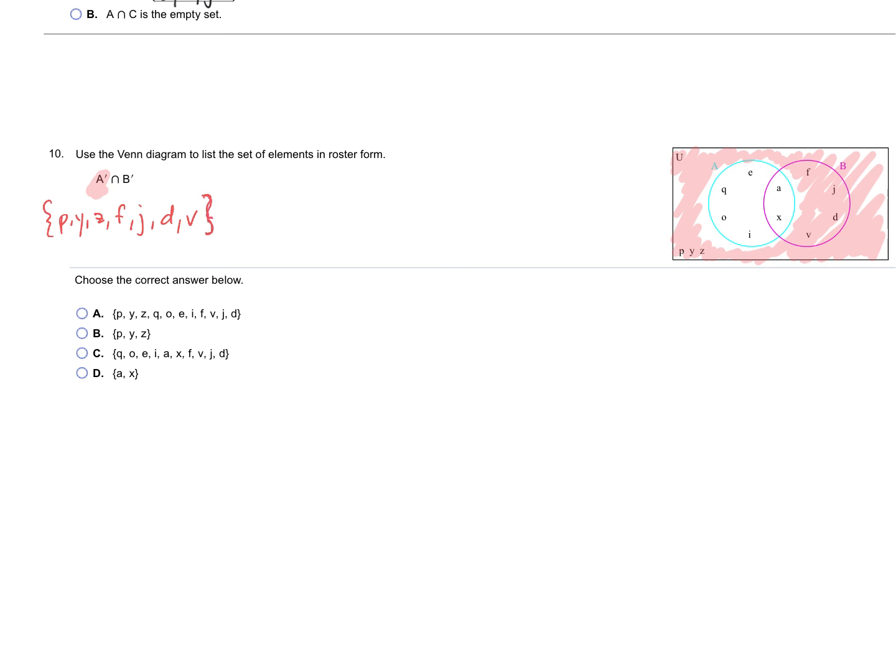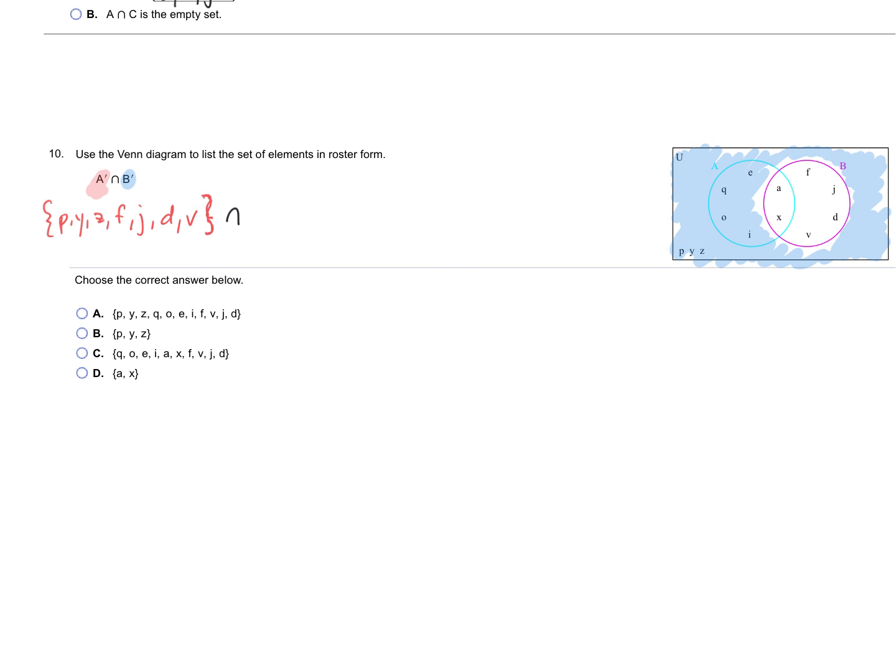Now my goal is to see where that intersects B complement. So I'm going to erase the red, and now I'm going to look at B complement. So what's not in B? So I want to see what is in the universe that's not in the pink colored circle, set B.